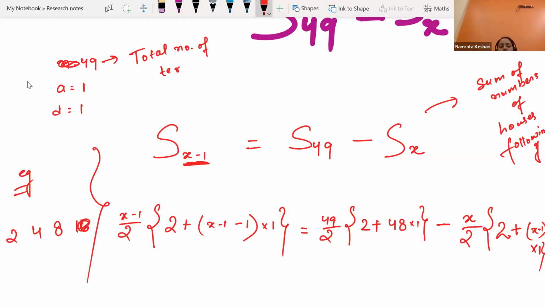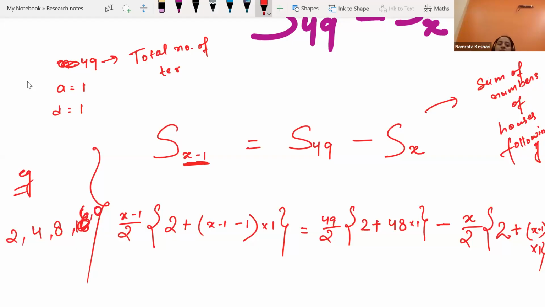I'm just giving a random example, I'm not trying to create an AP. So suppose 8 is there, then 6 is there, a random sequence I have written, I'm not saying it's in AP, and then 0 is there.